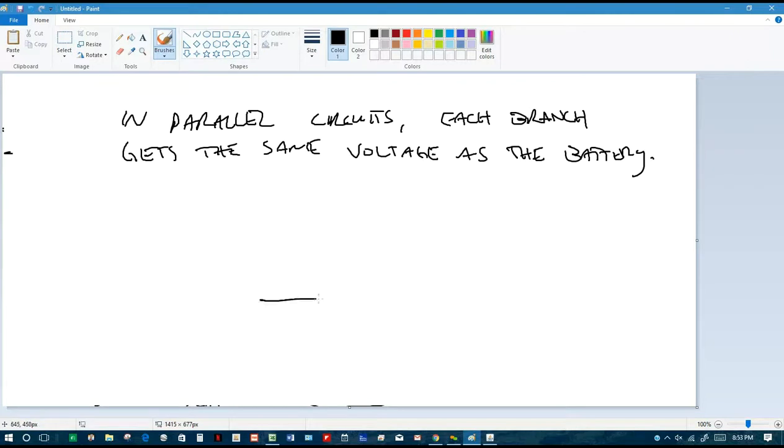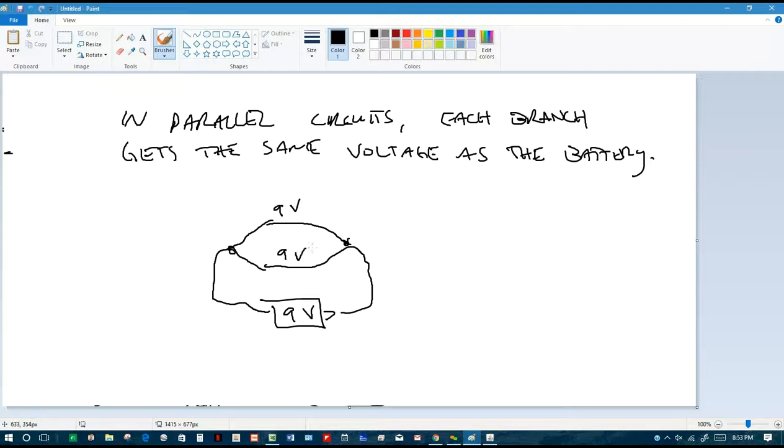So in the simplest case, this was a 9 volt battery. It splits into two, like this, and comes back together like this. This side will be 9 volts, and this side will also be 9 volts. All right? And so that's a rule that you have to know to solve the problems.